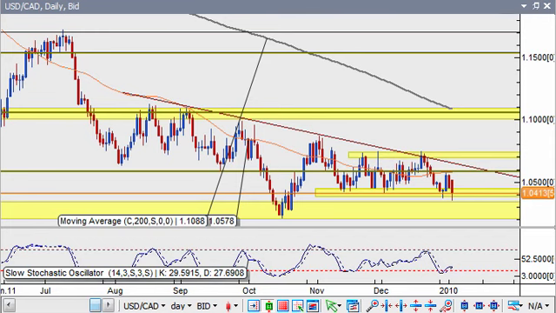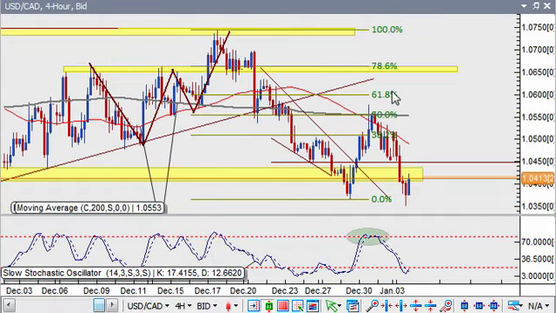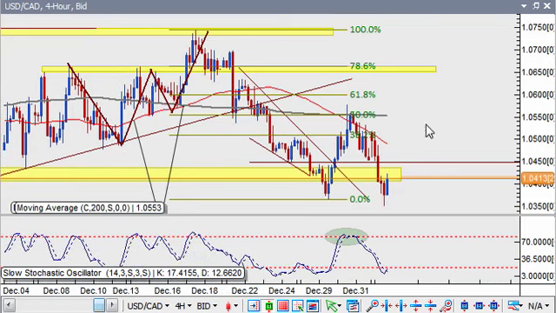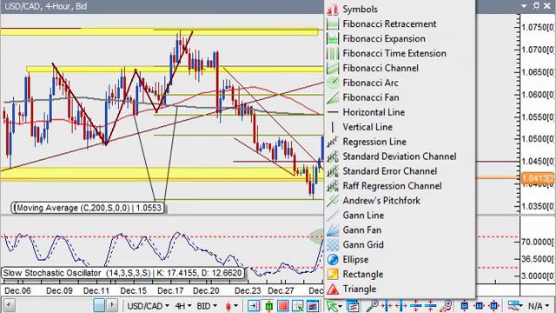So basically we're at the support, and we're in this congestion pattern, and it's going to be important to see if the market can break above 1.0650. At the moment, if the market can break above 1.0450, then we would likely see a retest of this area here, 1.0650, and maybe even 1.0750.